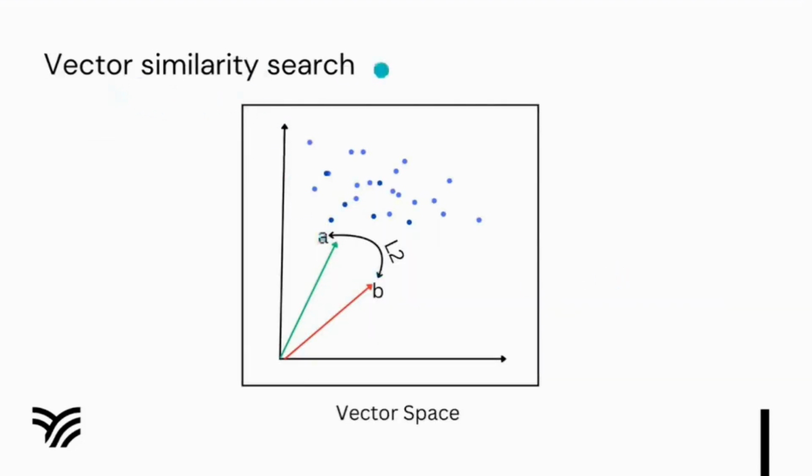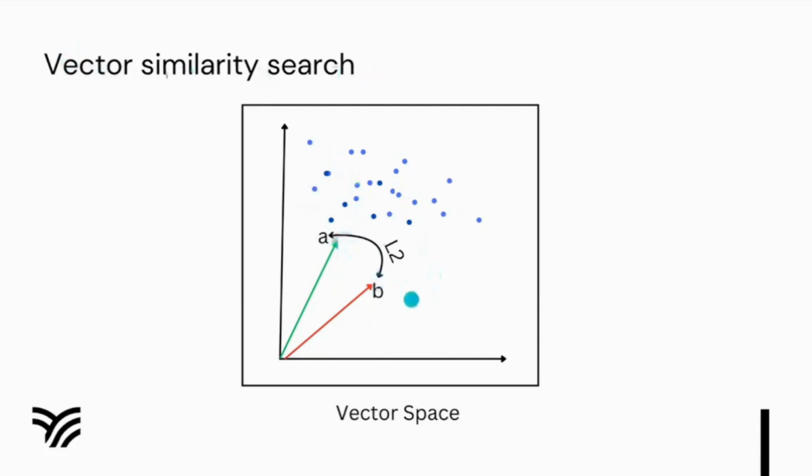Now we will discuss what vector similarity search is, right? In the previous slides we understood what a vector is, how we can obtain vectors from different textual data, and what the algorithms to obtain vectors are, right?